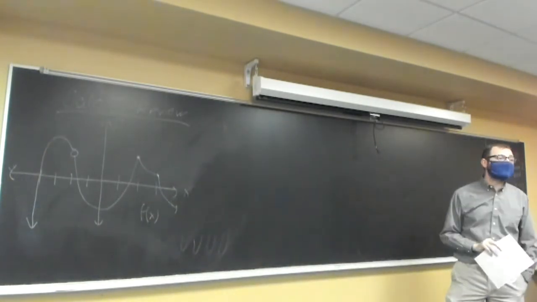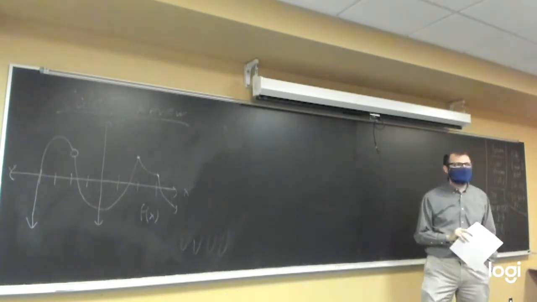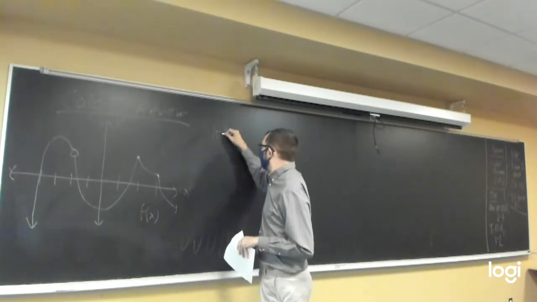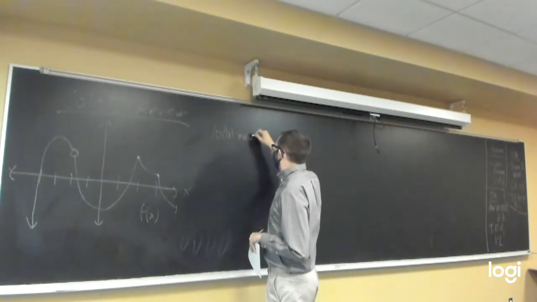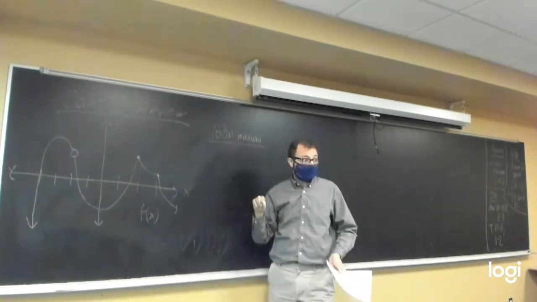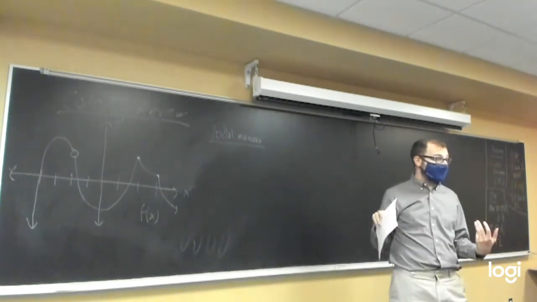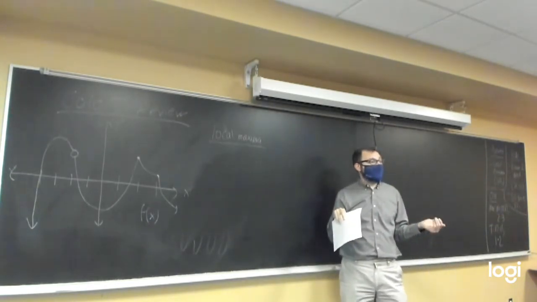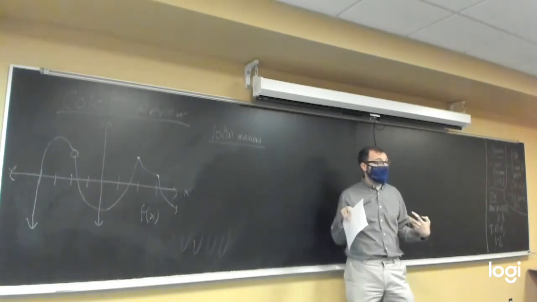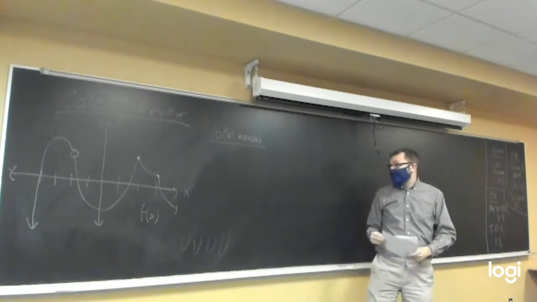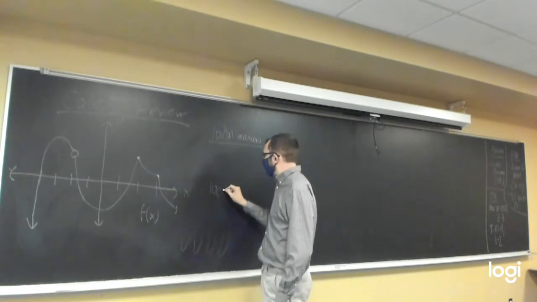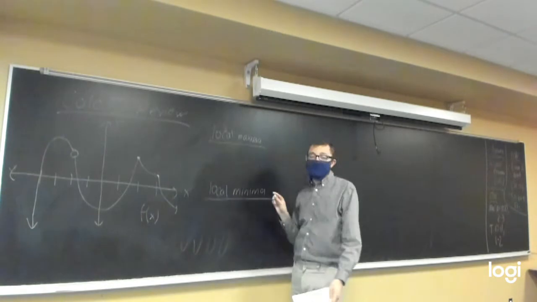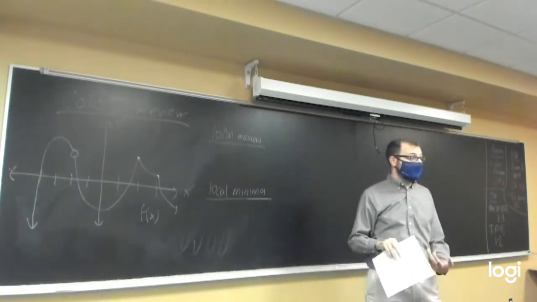What I would like for you all to do is take just a minute and see if you can determine at which values of x this function is going to have local maxima, according to what you remember from Calc 1 as your intuitive definition of a local maximum: a point on the graph whose y-coordinate is bigger than all the other y-coordinates close by, and ditto with local minima. In other words, at which values of x is the y value going to be smaller than all of the other y values close by?